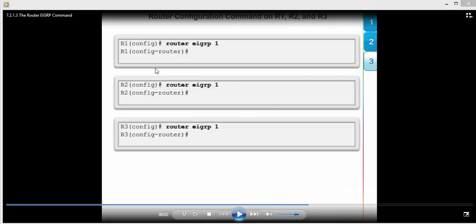In these pictures you see the EIGRP process on routers R1, R2, and R3. Notice that the prompt has changed from global configuration mode to router configuration mode. Once in global configuration mode, when we use router eigrp 1, it changes to router configuration mode.